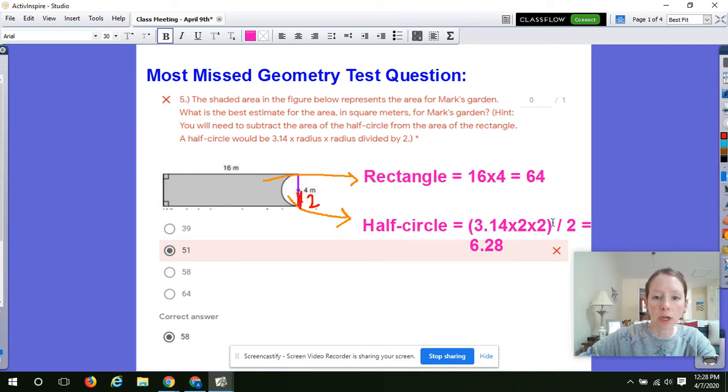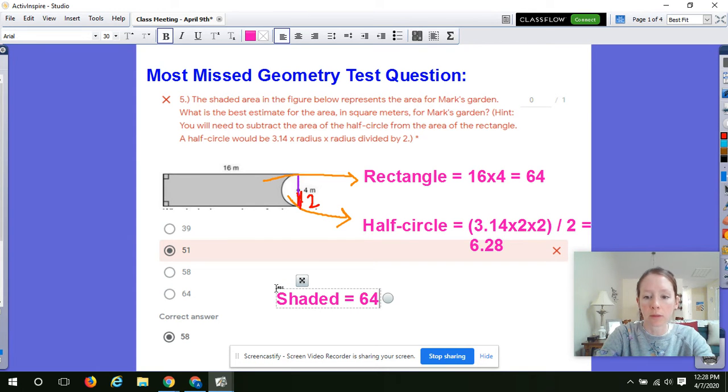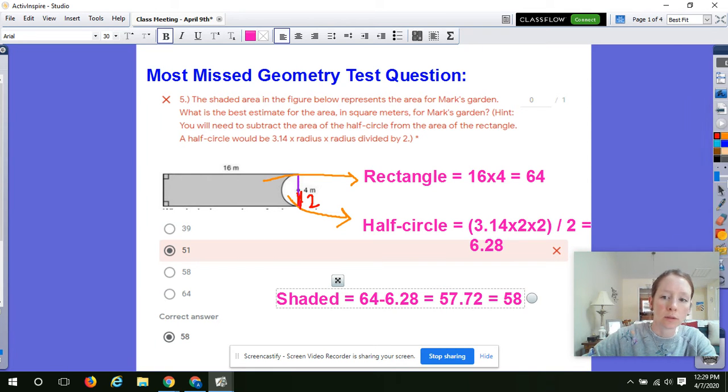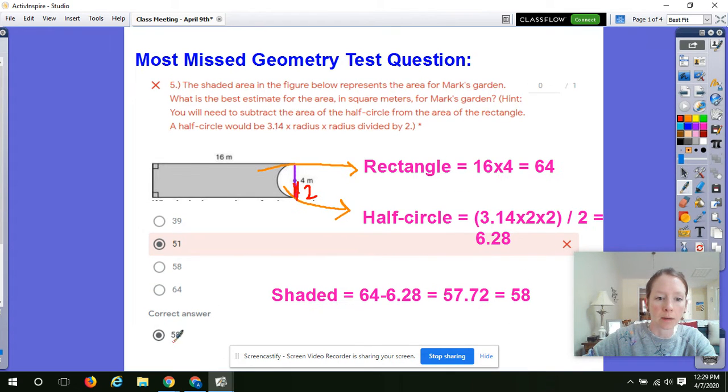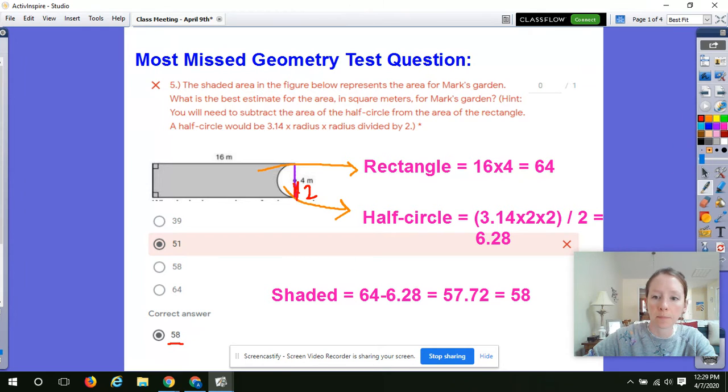I just want the shaded portion, the shaded region, I need to subtract those two. So 64 minus 6.28 is 57.72, or approximately 58. So that's where our right answer comes from right there.